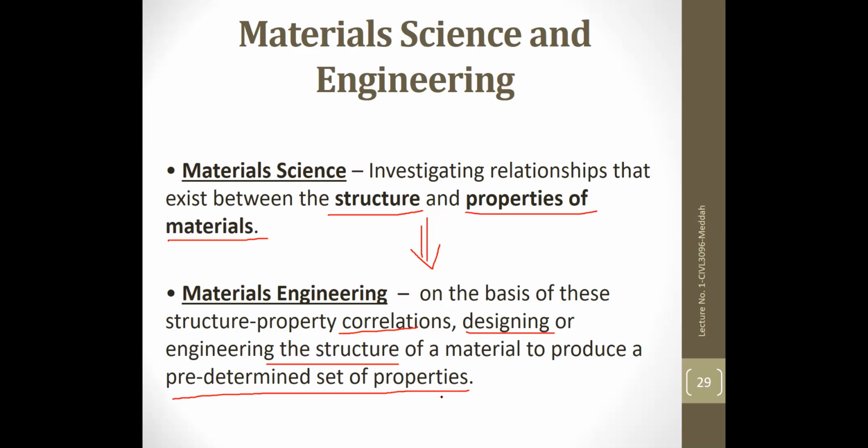So based on this, we want to produce a material that has this and this and that properties. So predetermined or tailored properties. And this could be done only by knowing this relationship between the structure and the properties of materials, that is, of course, mostly studied in materials science.